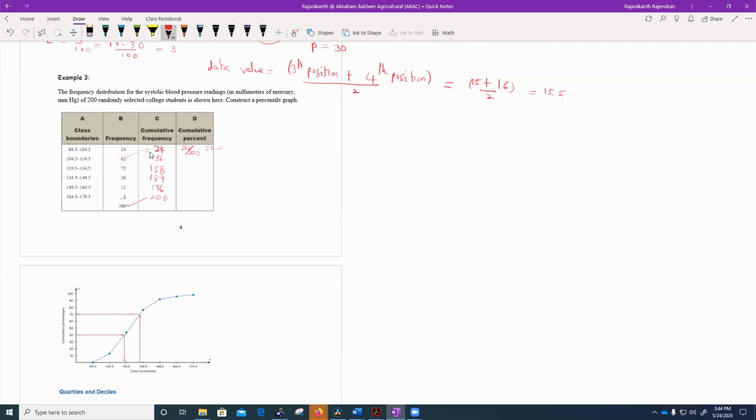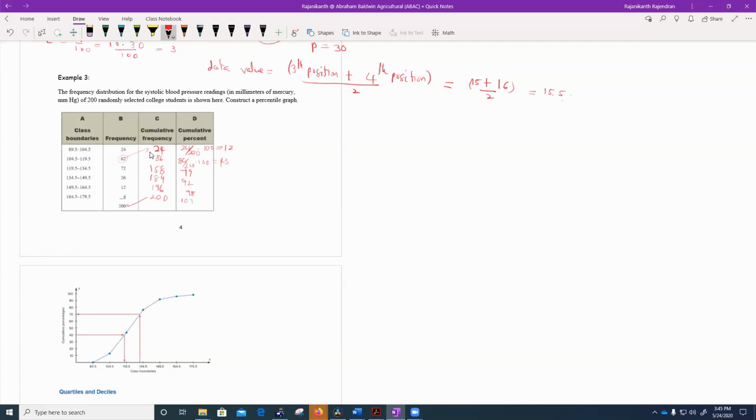So 24 divided by 200 times 100 is 12 percent. Okay. The next one is 86 over 200 times 100, so it's going to be 43 percent, and so on, right? Find all the numbers. The next ones should be 79, then 92, 98, and the last one is 100. Remember, the last number should always be 100 because we are finding a percentage answer. So these are all my percentages.